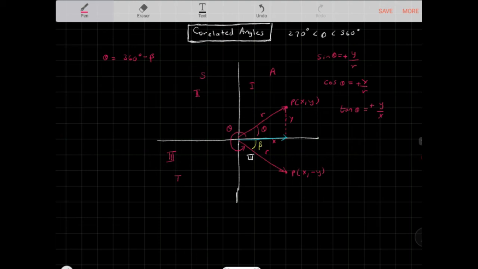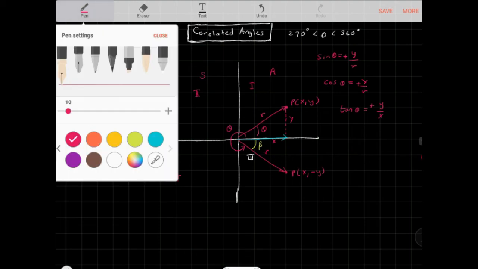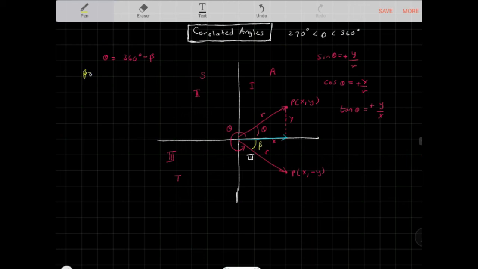So investigating the fourth quadrant, we're going to assess beta, our related acute angle. Once again, just to reiterate, we are using a related acute angle to find values of our obtuse and reflex angles, right? So if I looked at beta here, this would be positive x, this would be negative y, and if I looked at my ratios, sine of beta is equal to negative y over r, the hypotenuse, right, opposite over hypotenuse.